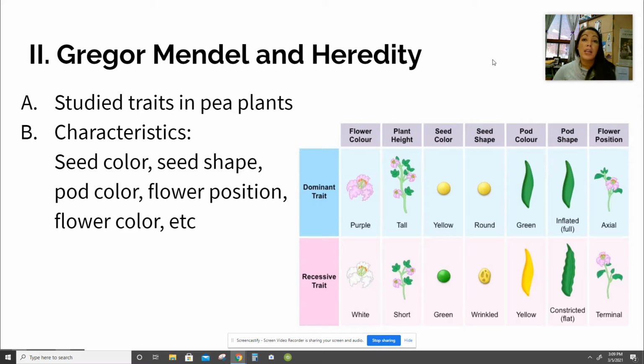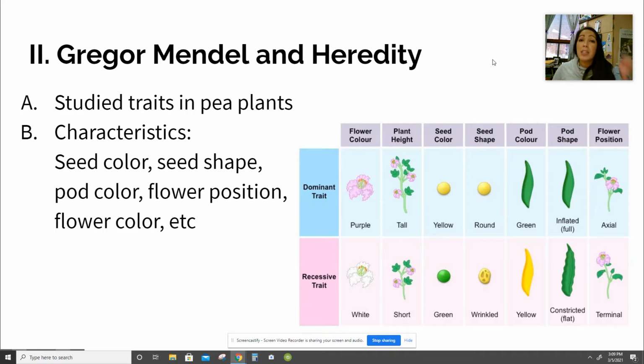He took very, very meticulous notes, and he had a very controlled crossbreeding system where he would cross pollinate, probably using paintbrushes, certain plants and see what the outcomes were. You know, what kind of offspring plants do I get if I cross pollinate this plant with this plant?